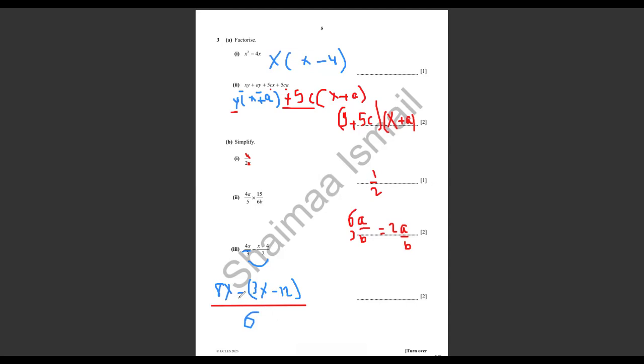Okay, so here we have to apply the negative sign, minus 3x plus 12. And this will be minus 3x plus 12.